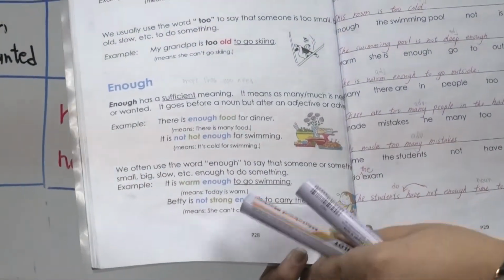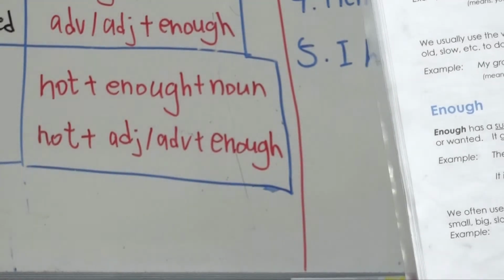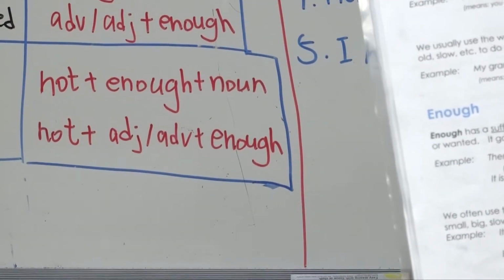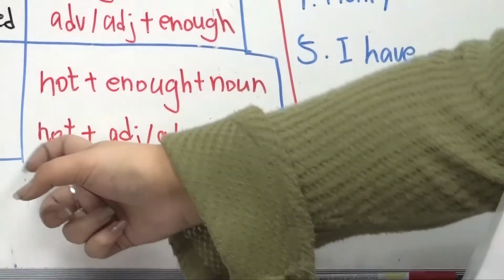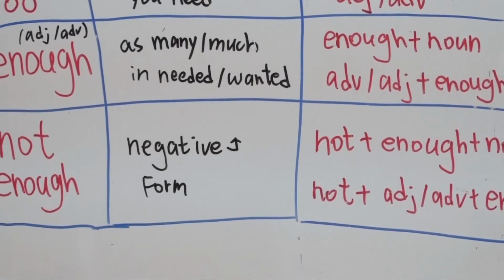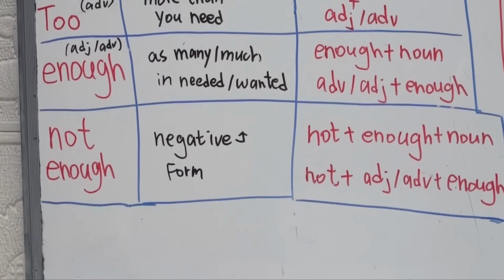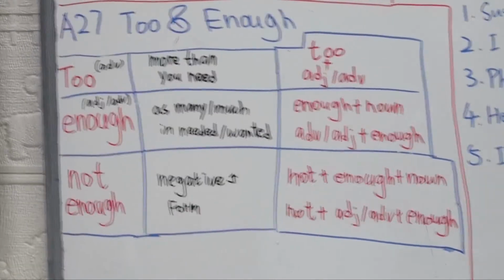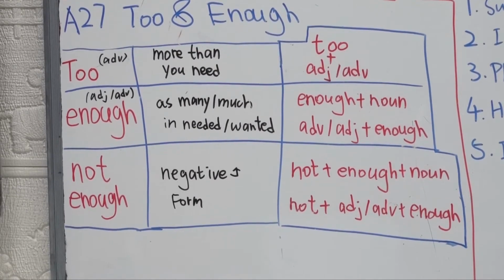So not strong enough here is used as an adverb as well. So here it seems very difficult, right? If you have a look at the exercise, it will be easy for you to complete. It will be easier for you to understand, actually.